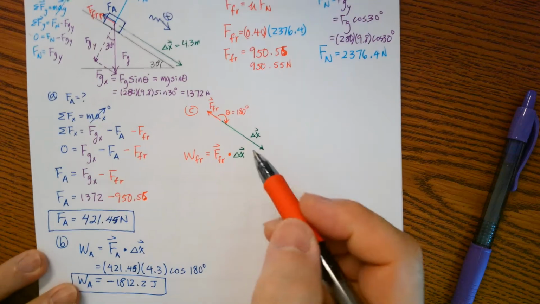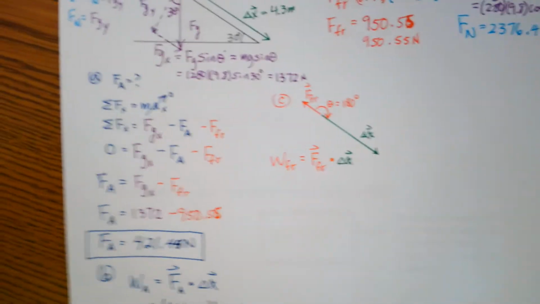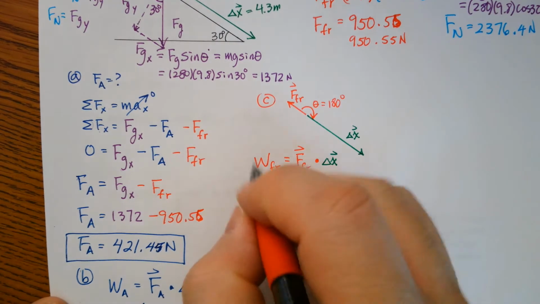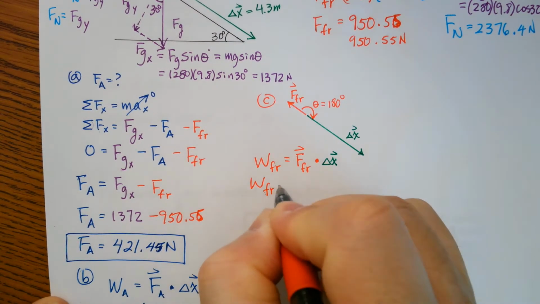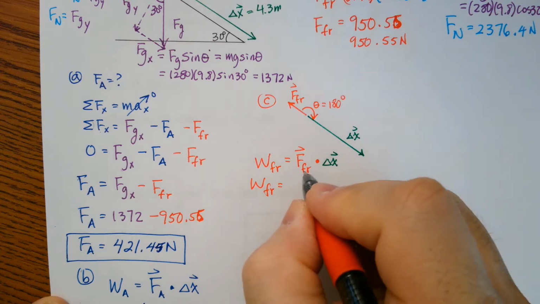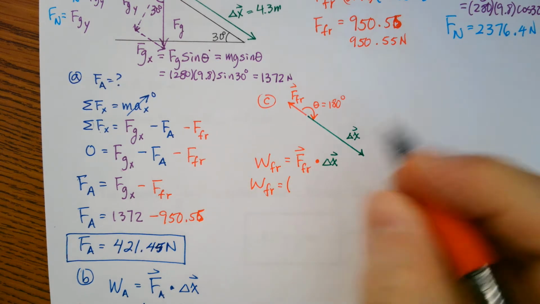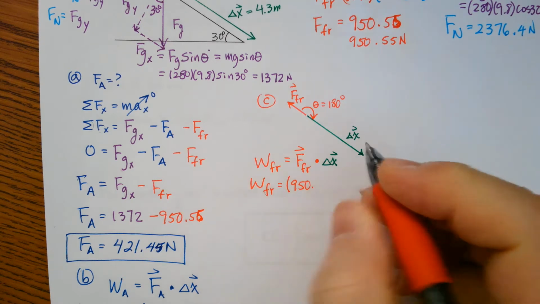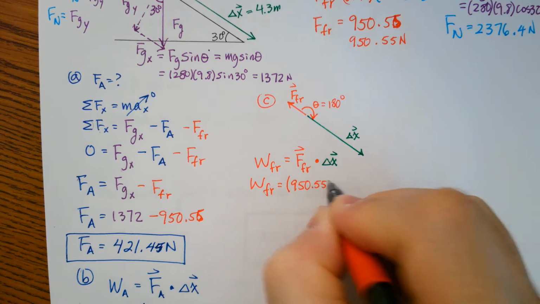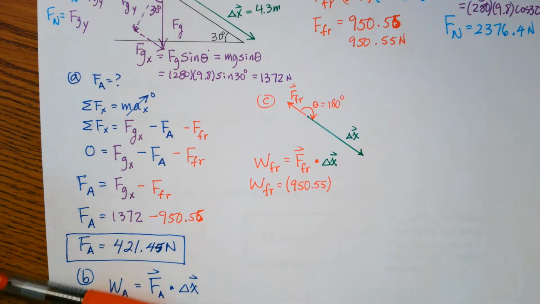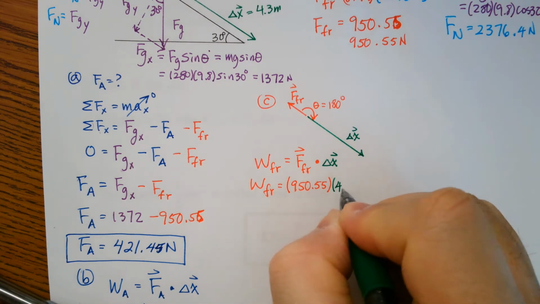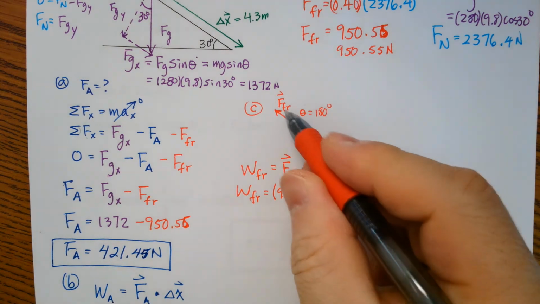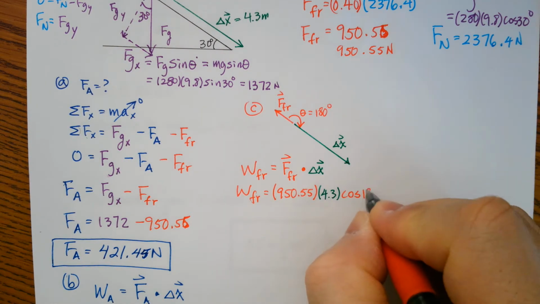So what is work done by friction? Well, work done by friction is equal to frictional force, which is 950.55, times delta x, which is 4.3, times the cosine of the angle between F friction and delta x, which is 180 degrees.